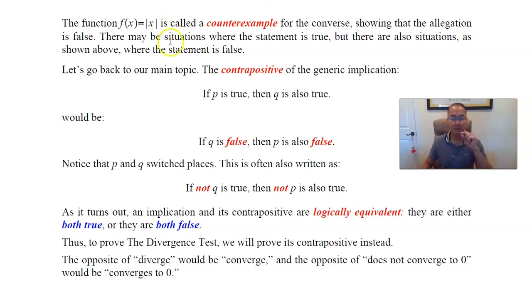So remember, to write the contrapositive of an implication, you exchange the hypothesis and the conclusion. So the conclusion now becomes the first part of the sentence, and the hypothesis becomes the second part of the sentence, but you get the negative of both the conclusion and the hypothesis in their new positions.